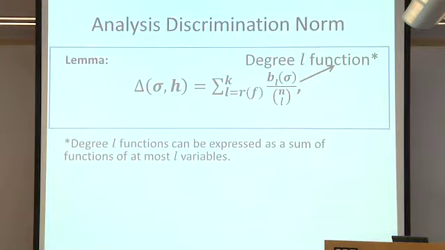We show that our delta function can be decomposed in this way, as the sum from L equals R of f to k. So basically, we don't have to rely on any values of L smaller than R of f.